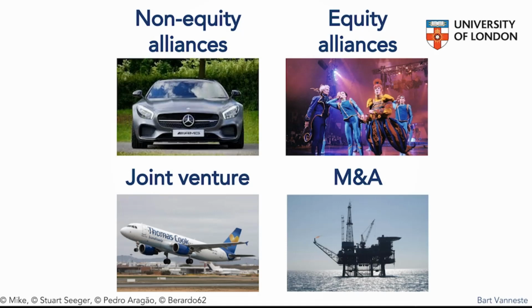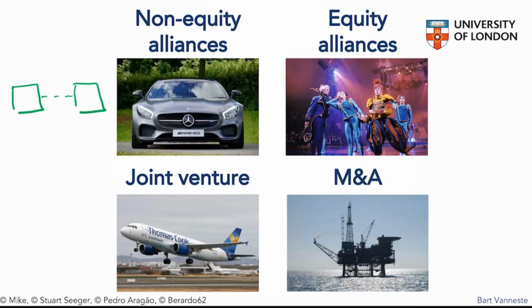Non-equity means no partner has an ownership stake in the other. What I'm showing you here is actually four examples all entered into by Fosun. So it turns out that Fosun has a non-equity alliance with Daimler to help finance leasing contracts for the customers. So Fosun formed an alliance with Daimler, which is a producer of cars.